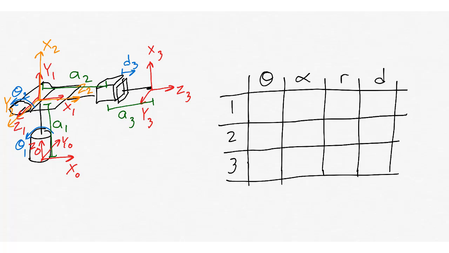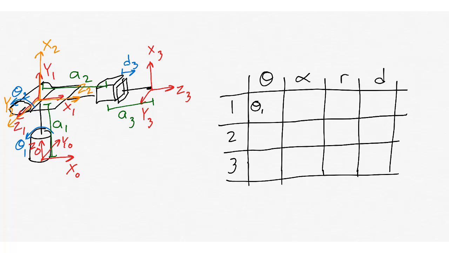Theta is defined as the rotation around Zn-1. This has to include both the joint variable, if there is a rotational joint variable, and also whatever additional rotation is needed to get the 2 x-axes to match. For the first row, I do have a part of the joint variable because theta 1 is a rotation around Z0, and in this case 0 is my n-1 frame.